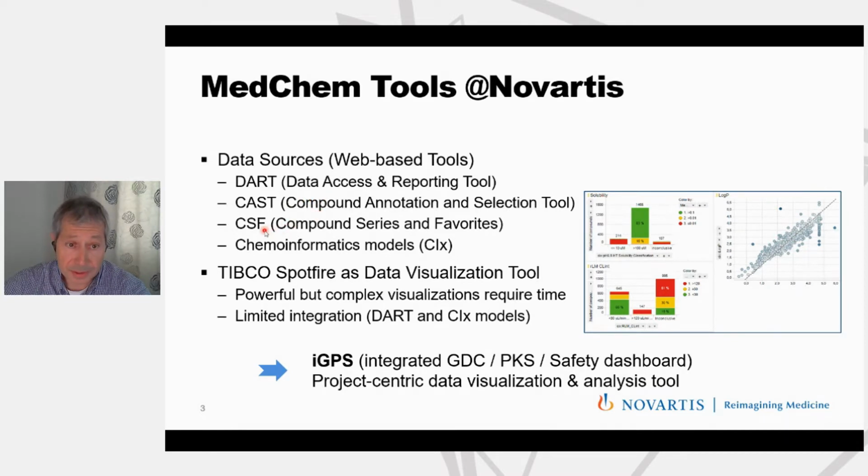We use also CSF, which is used to track compound series and scaffold structures. And finally, we have chemoinformatics model platforms, which is a central repository of chemoinformatic models that can be used from different applications. It provides calculated properties for the virtual and real compound.